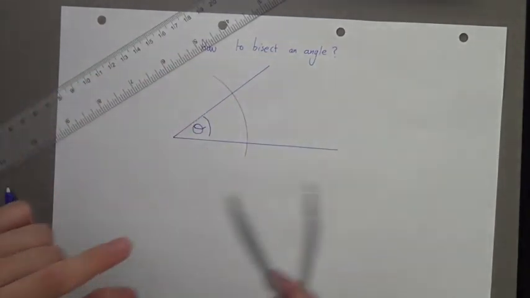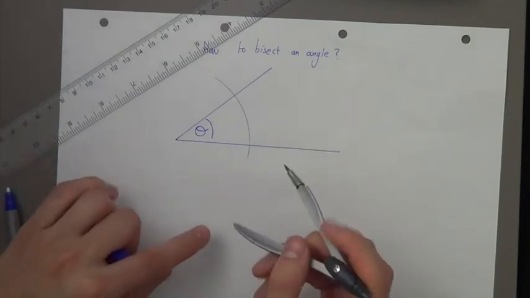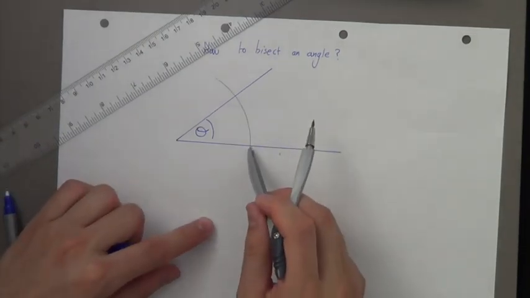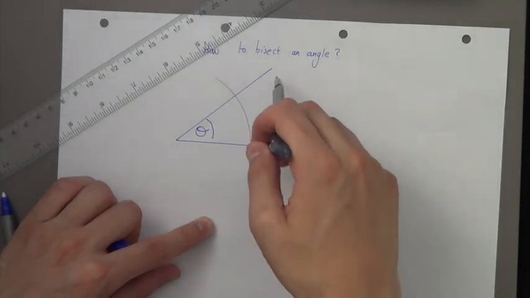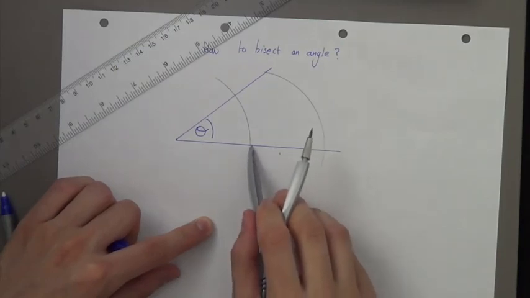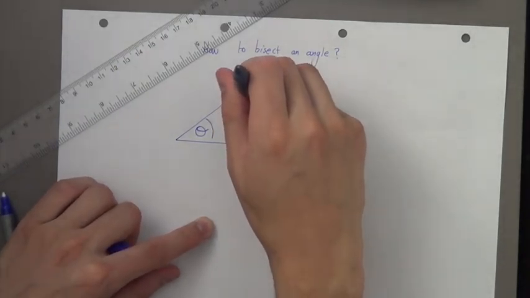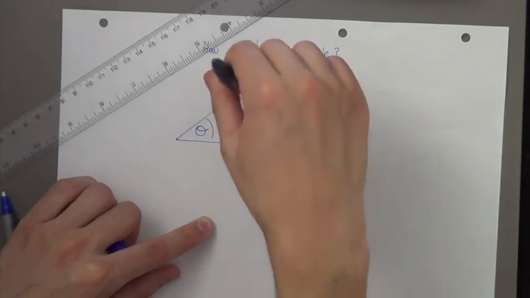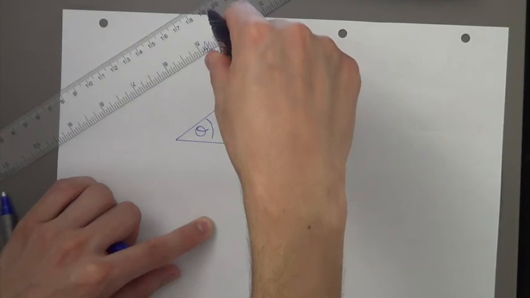I keep my compass the same radius, I don't move it at all, but I now put the point where this line intersects this line of the triangle. Then I put the other point on the other line.